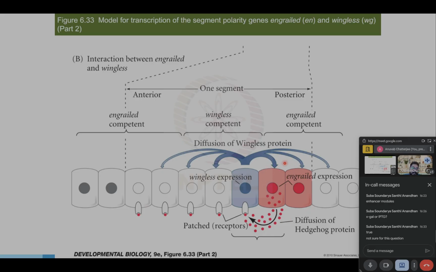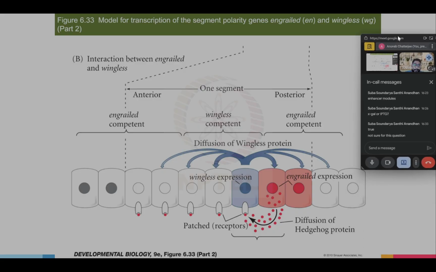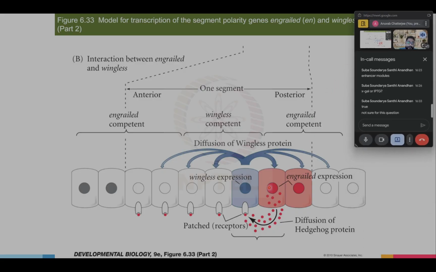So say these two genes at one end of the entire segment were expressing engrailed. Now again, engrailed starts the expression of a secreted signaling molecule, which is known as hedgehog. Hedgehog, when it is secreted, goes to the adjacent cell and asks it to start expressing wingless, which then diffuses to the other cells.